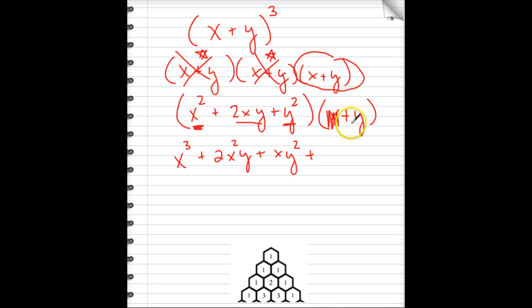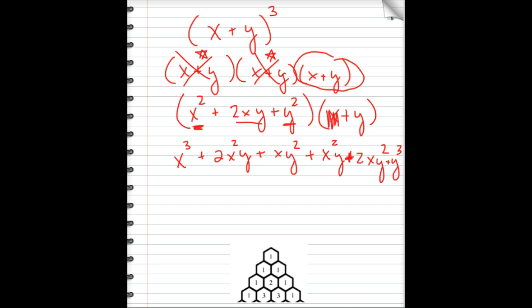Here we go. X squared times y is x squared y. 2xy times y is, let me make this a little bit clearer, that's a plus 2xy squared, and y squared times y is y cubed.